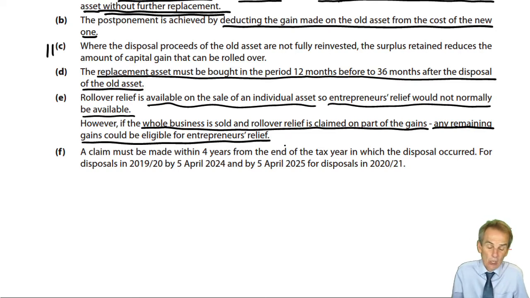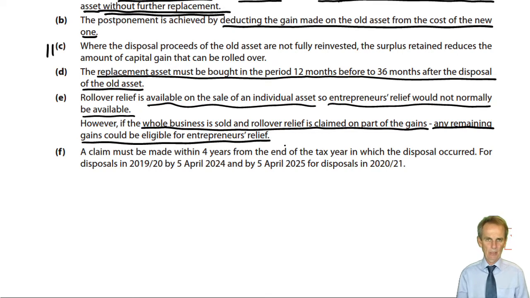So if you've got a choice between being taxed now at 10% or later at 10%, you're going to go with later. If, of course, it's 10% now or 20% later, then you're going to go with 10%. Not an issue, though, that I think you'll have to deal with in terms of any exam question.